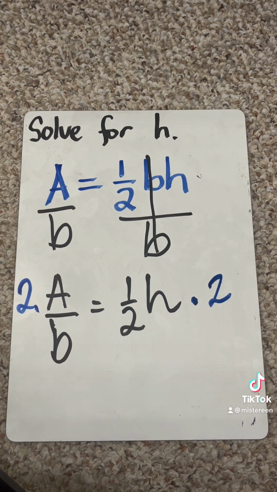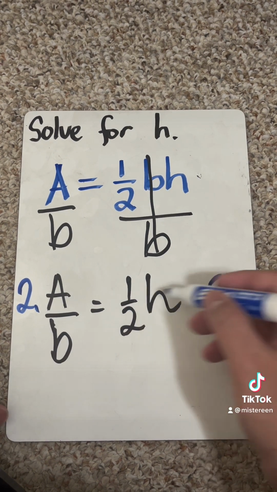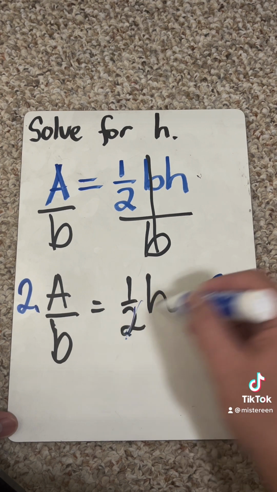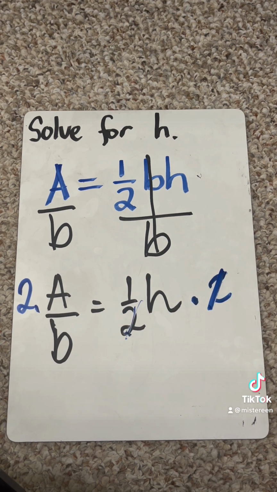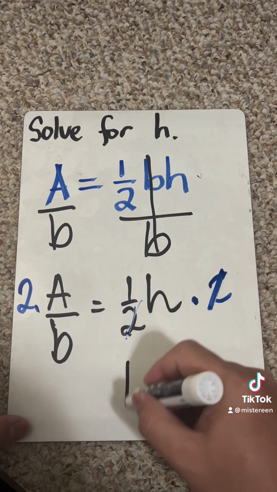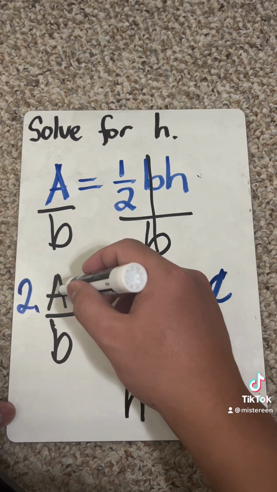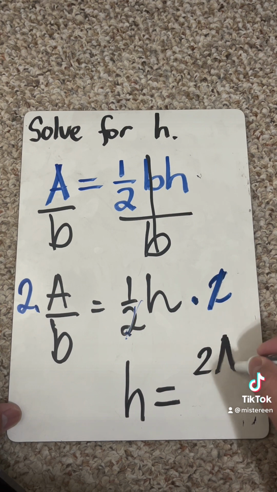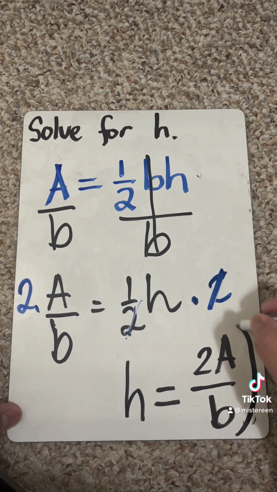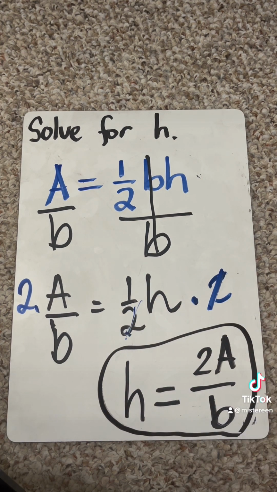If you do that, this 1/2 and 2 will be crossed out, and on the right side, what is left is just h. And that's equal to, on the other side, 2 times A over b. So 2A over b. Now I have solved my literal equation.